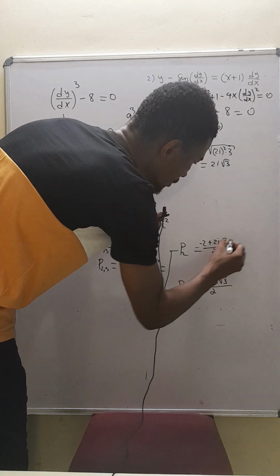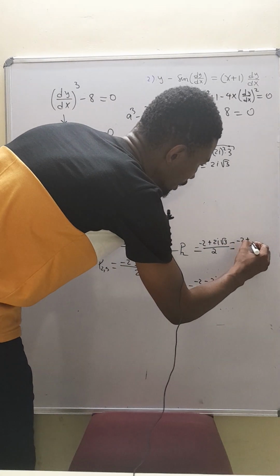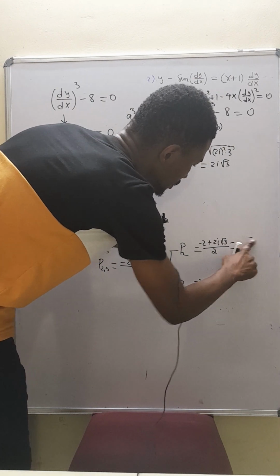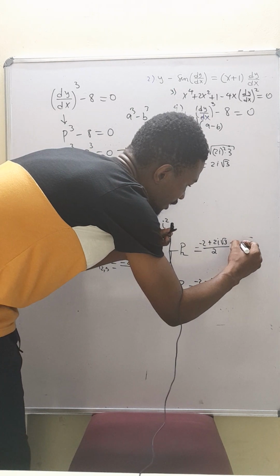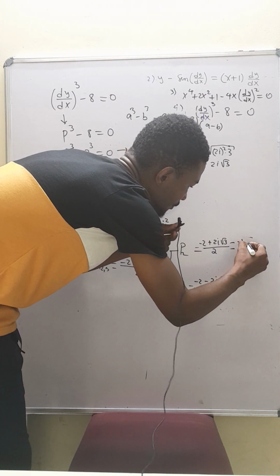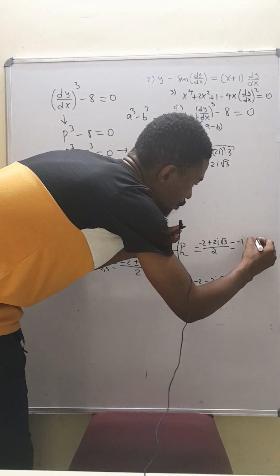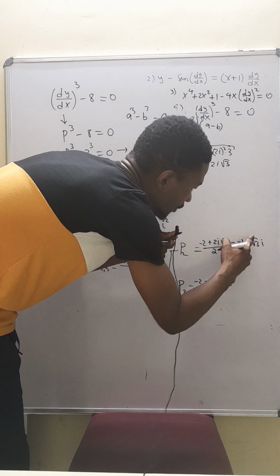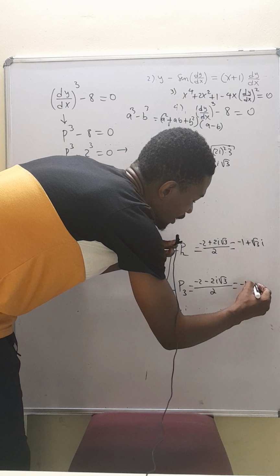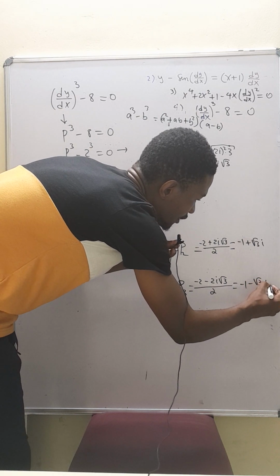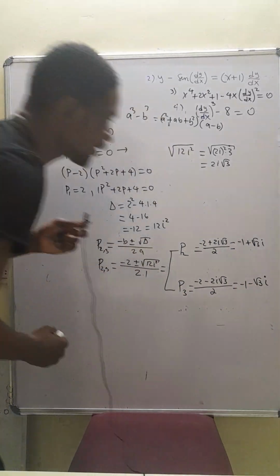So this guy will be minus 2 plus, sorry, this 2 and 2 you can cancel. You get something like minus 1 plus root 3 i, and for the second, you get minus 1 minus root 3 i.